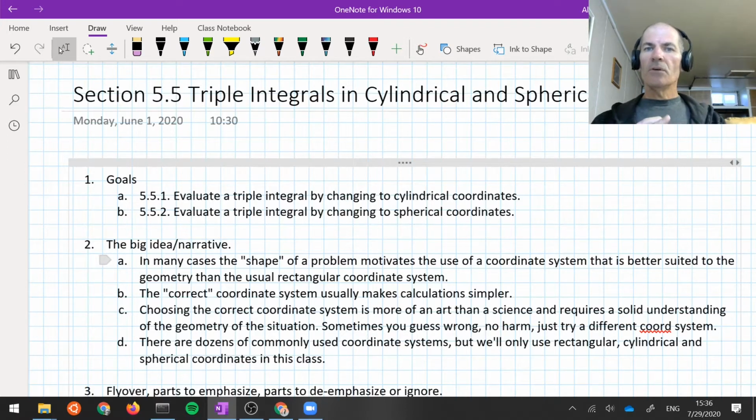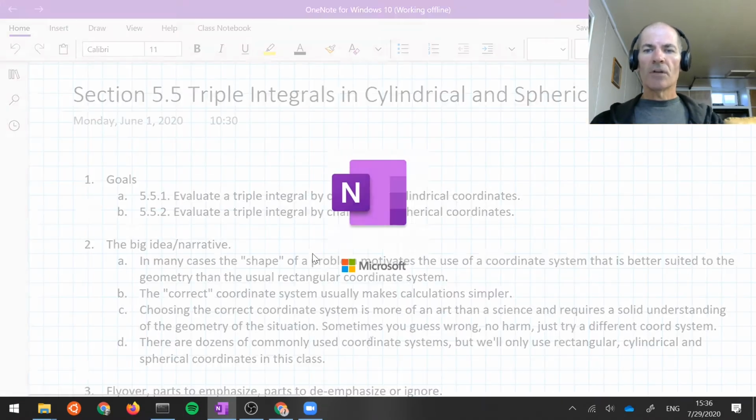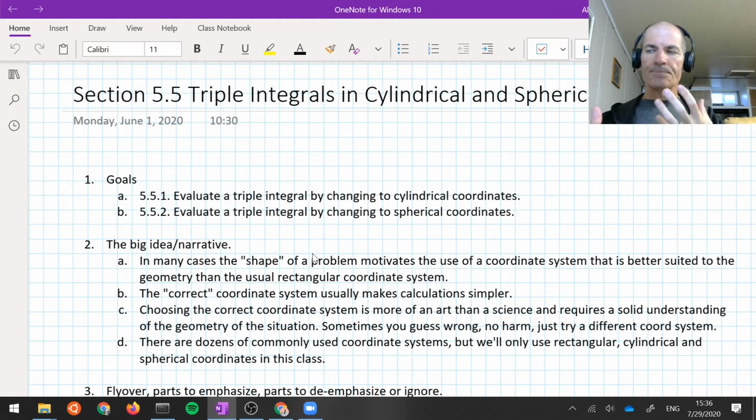So if you have some kind of physical system where there's lots of cylindrical symmetry, you might want to try cylindrical coordinates because the expressions and mathematical symbols that you write down in that situation are going to be really well described by cylindrical coordinates.